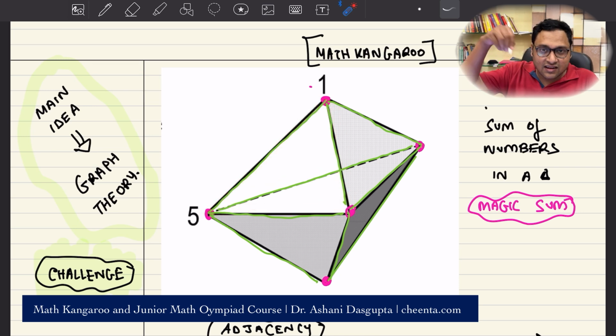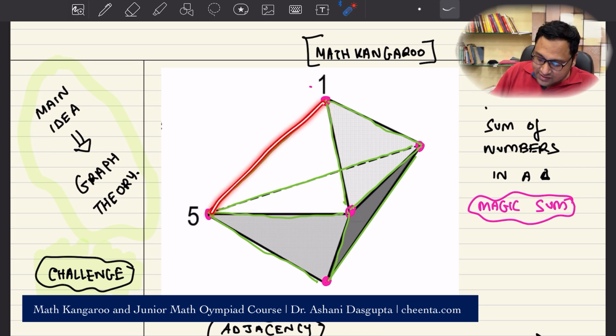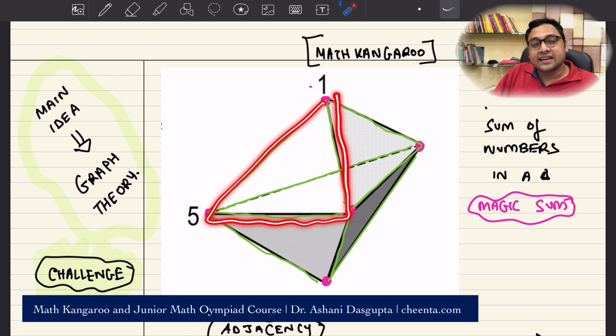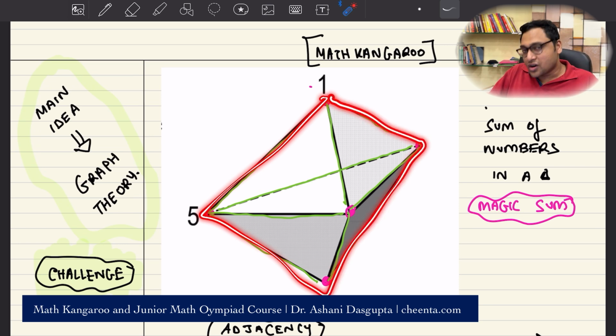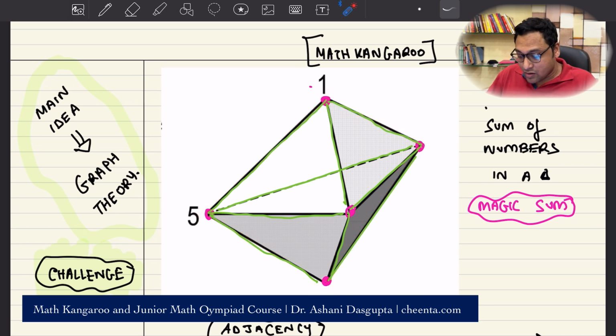Circuit means it's like a circle. You can just go back to the starting point. The smallest undisturbed circuit is a triangle in this particular picture. Of course, there are bigger circuits like this, which are not triangles, but I'm talking about the smallest ones. So in this case, the smallest circuits are triangles.